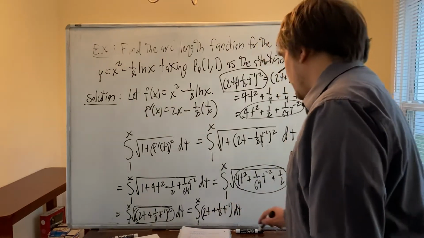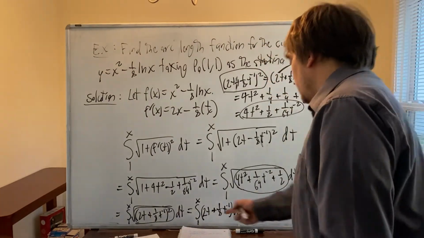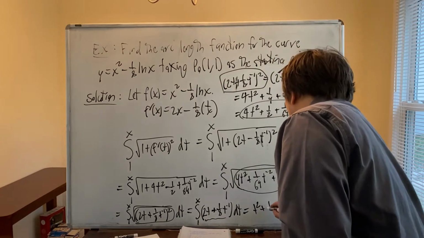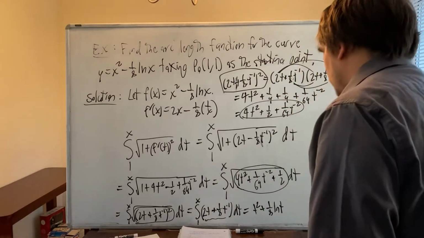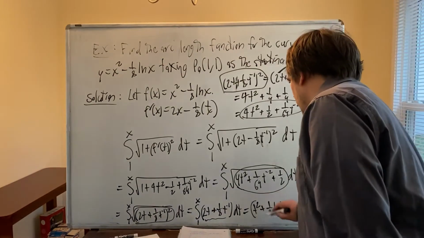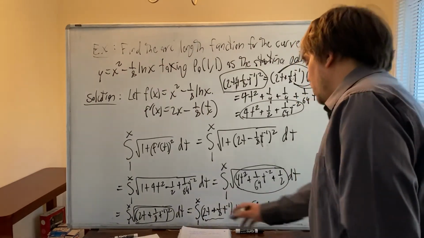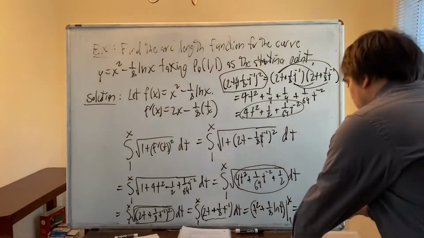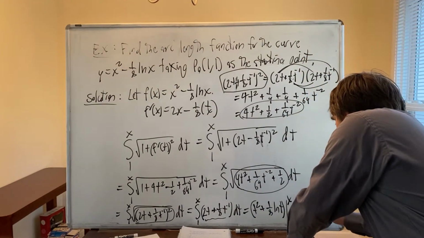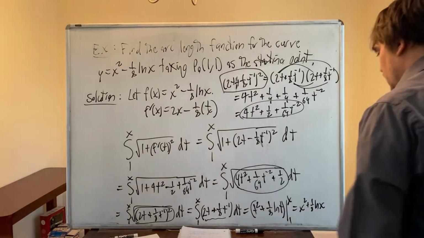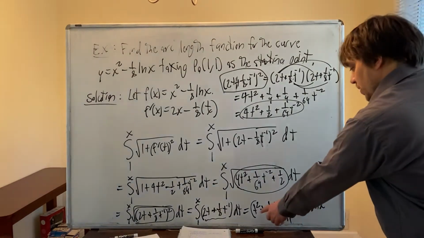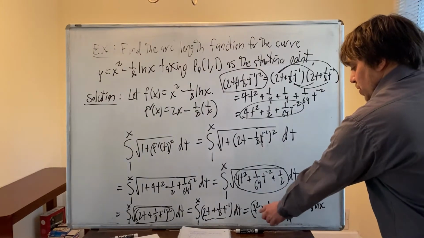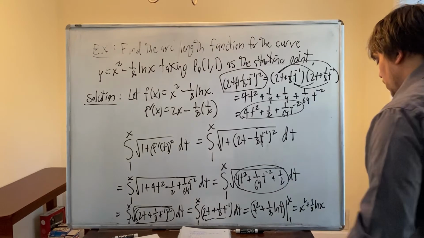Now you calculate that integral. What's an antiderivative of the integrand? It's t squared plus 1/8 ln t. You evaluate that antiderivative from 1 to x, and you get x squared plus 1/8 ln x minus (1 squared plus 1/8 ln 1). ln 1 is 0, so you're just left with minus 1 squared, or minus 1.